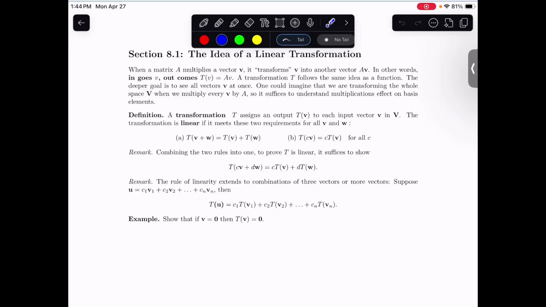And so the only thing you need to understand in order to understand what T of u is going to be is the image of T, or the output of T, on V1, V2, and Vn, the basis vectors. Right, so you just need to understand what T does to basis vectors in order to entirely determine all possible outputs of T, which is nice because there are infinitely many elements in your vector space, but by understanding only finitely many, you can understand all of them.